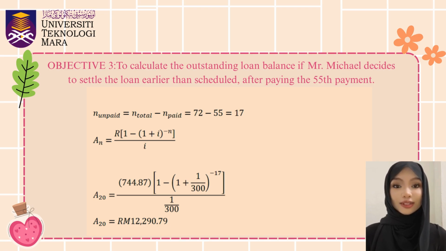To calculate the outstanding loan balance if Mr. Michael decides to settle the loan earlier than scheduled after paying the 55th payment.